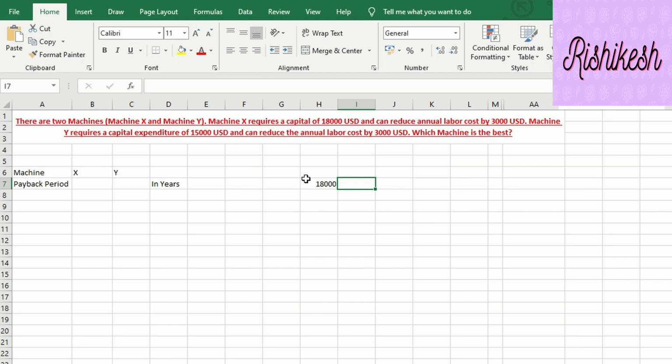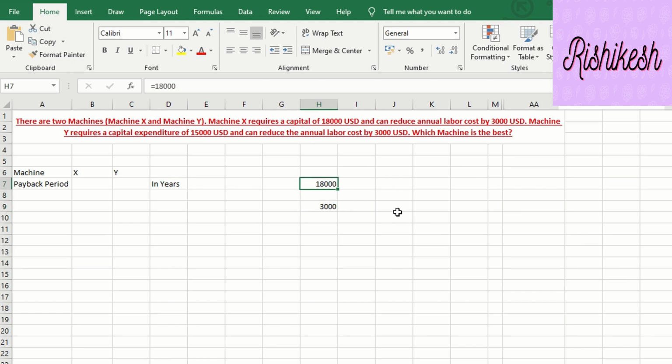Since you have given out 18,000 US dollars, what you're getting in return is a 3,000 US dollar reduction in labor cost. Reduction in labor cost can be considered a cash inflow. Why? If you are reducing cost, it is kind of a saving, so it can be considered an inflow. So if you're investing 18,000 US dollars, you're getting an annual cash inflow of 3,000 US dollars.